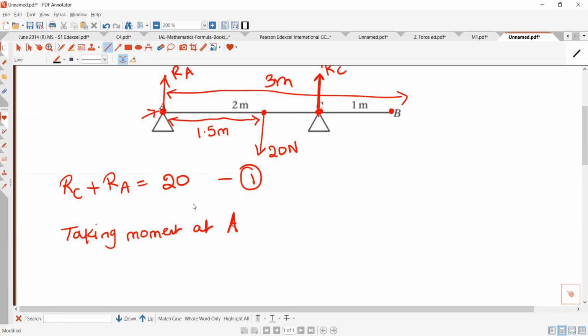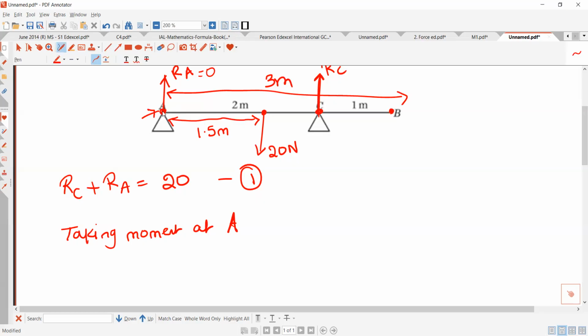Whichever place you took your pivot, the reaction there becomes 0. So automatically RA becomes 0, because RA is on top of A, which we are taking as pivot. So taking moment at A, let's see what else I have.